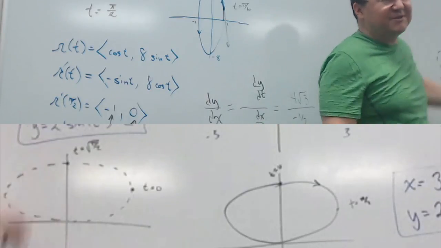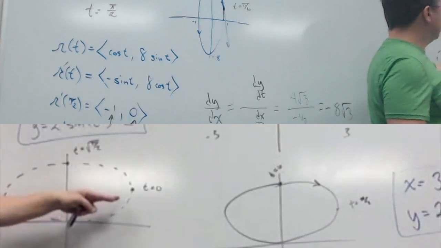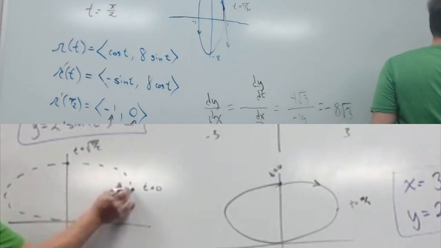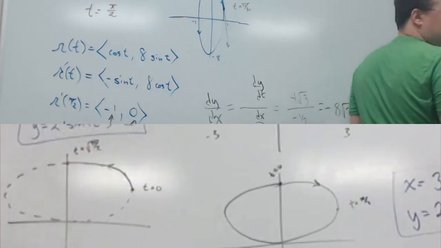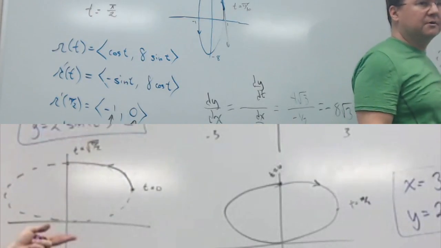So at least from 0 up to this point, the orientation is counterclockwise, right? And as t continues to increase, it'll keep wrapping around, and you'll end up picking up the whole circle.